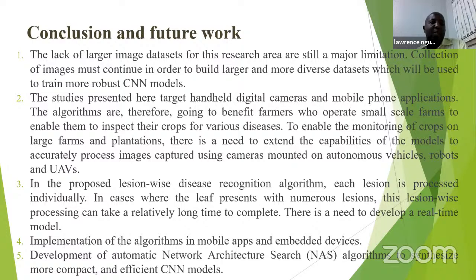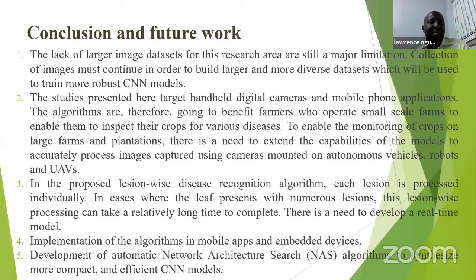Next, we also need to extend these algorithms for applications in autonomous vehicles and drones. Third is to increase the speed of the lesion-wise disease recognition algorithm. You note that each lesion has to be categorized one at a time, and this can take quite a bit of time for leaves that have very many lesions. So there's a need to speed up that process.